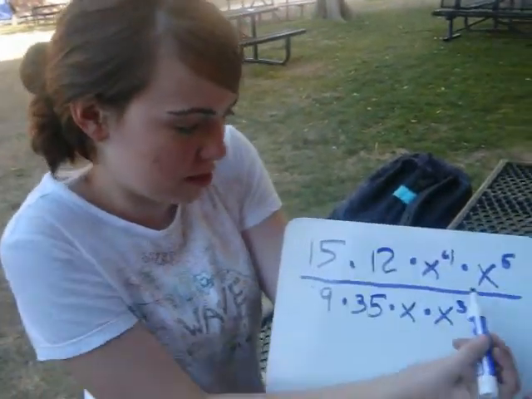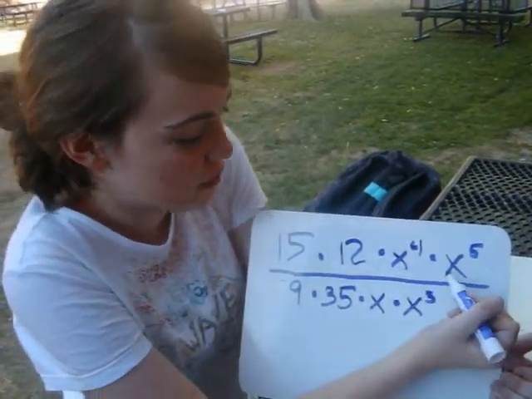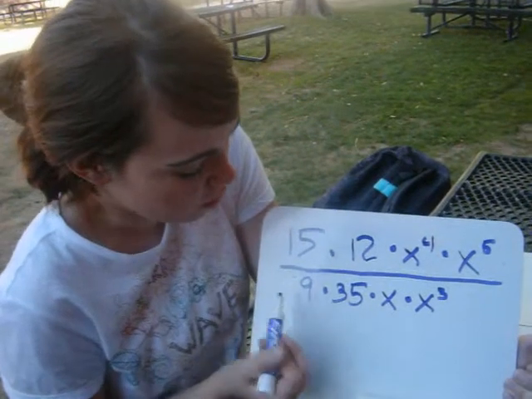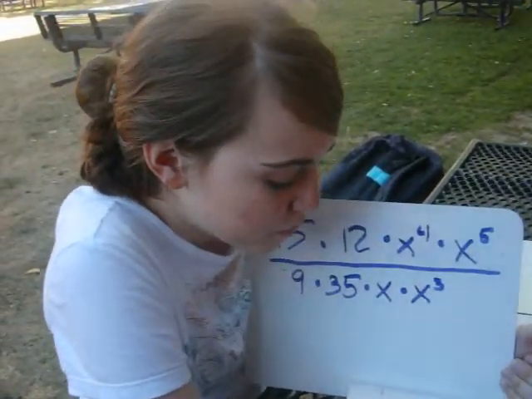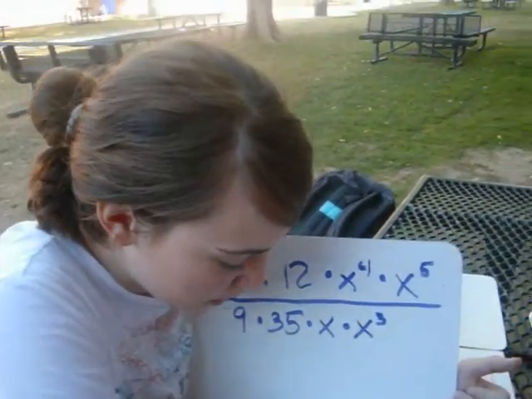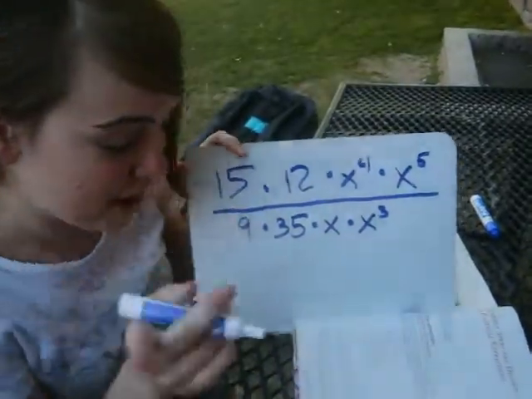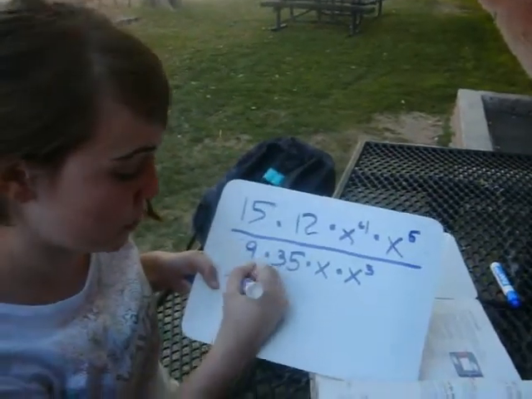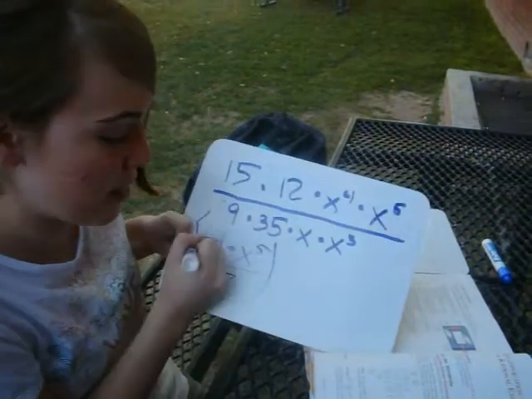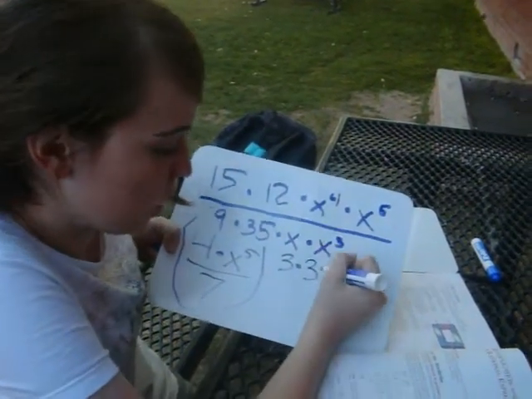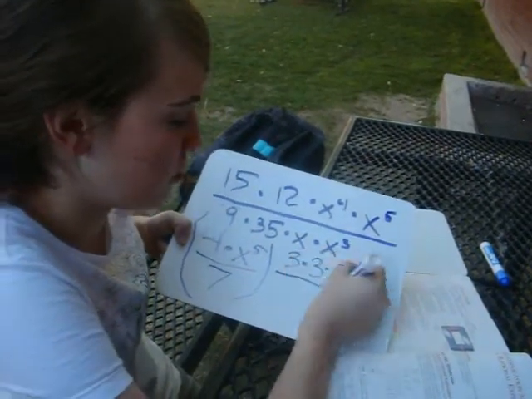So you get 15 times 12 times x to the 4th times x to the 5th over 9 times 35 times x to the 3rd. Then finding the common factor, which is going to be 4x to the 5th over 7, you multiply that times 3 times 3 times 5 times x to the 4th. It will be the same thing on the bottom. They should be the same.